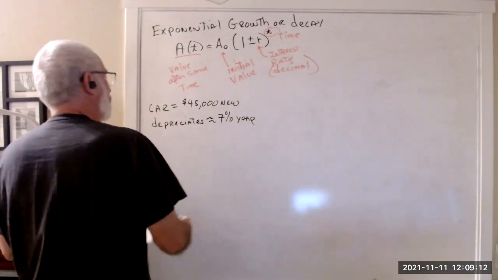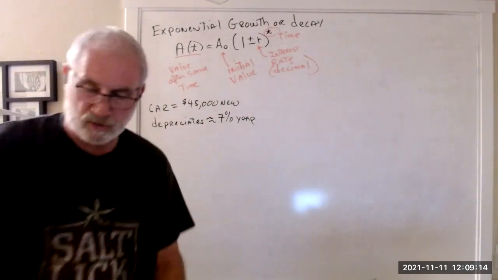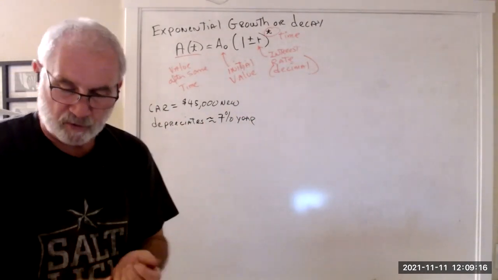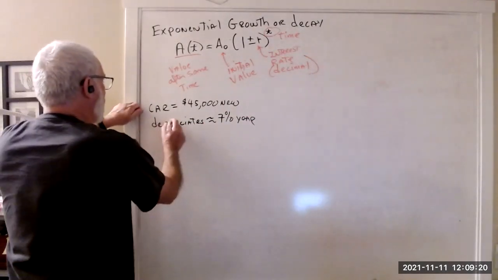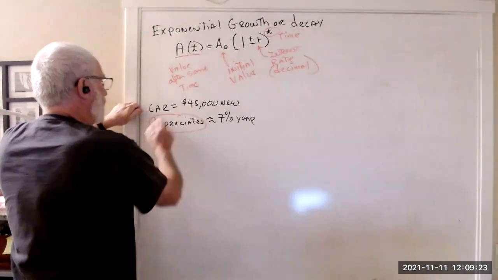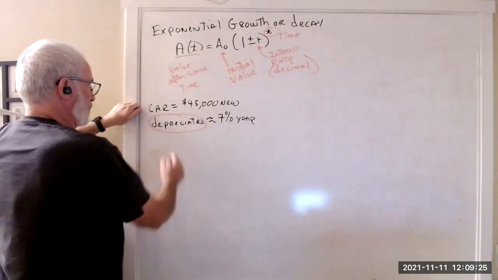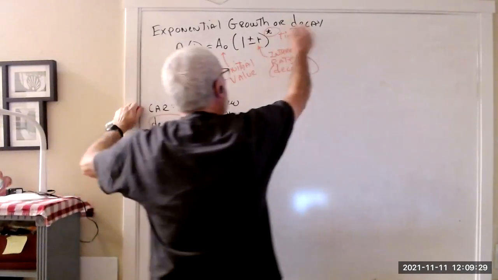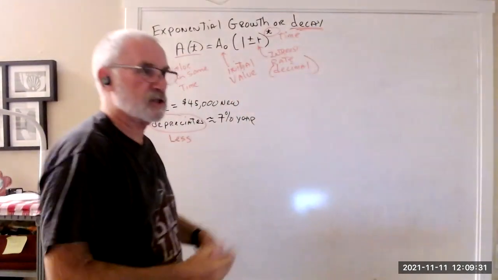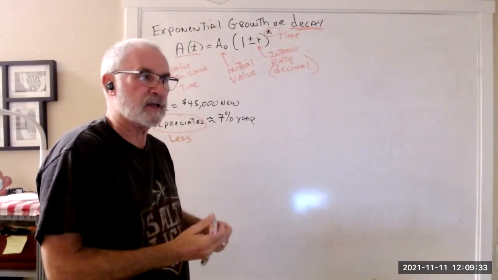Okay, so now one of the keys is depreciates means gets less. To depreciate, you have less. Decay means less. When something decays, you have less of it.